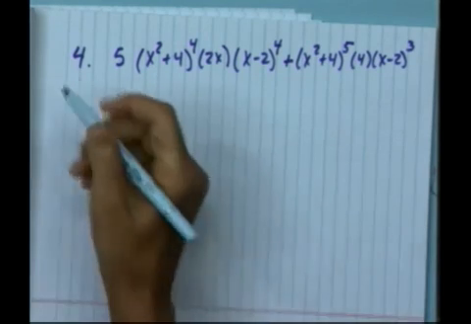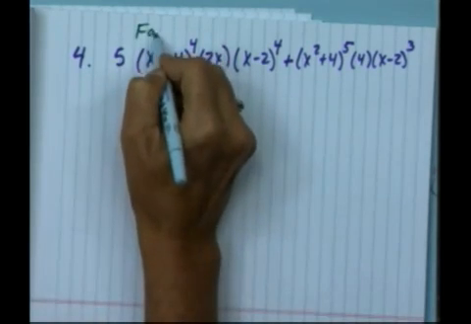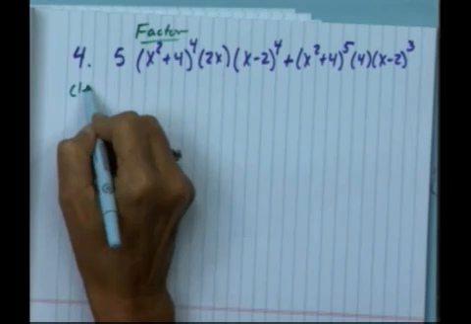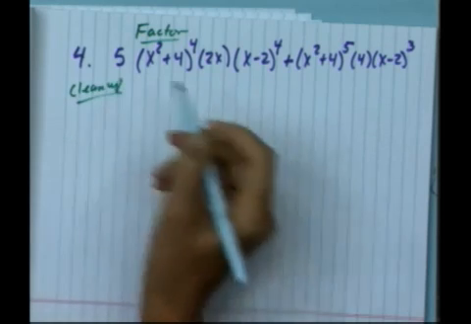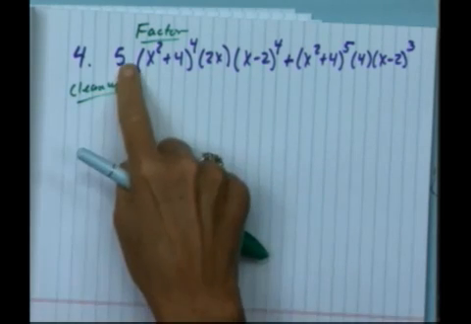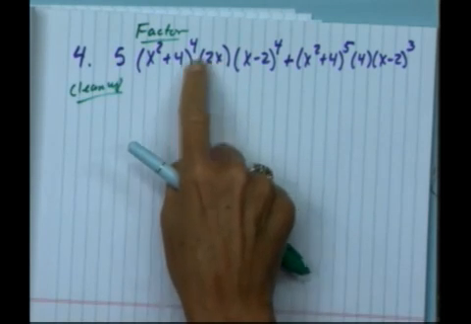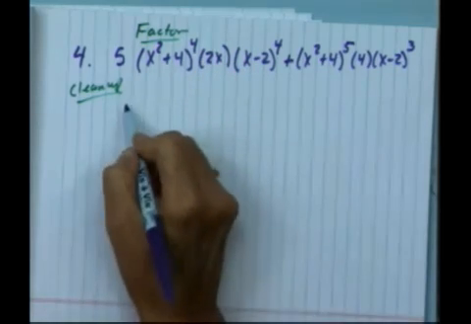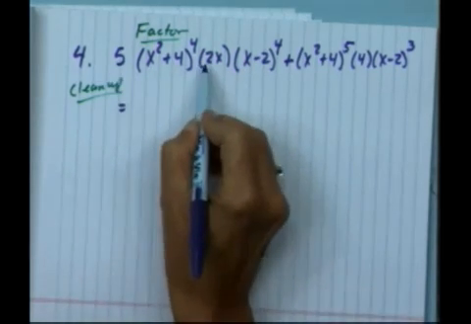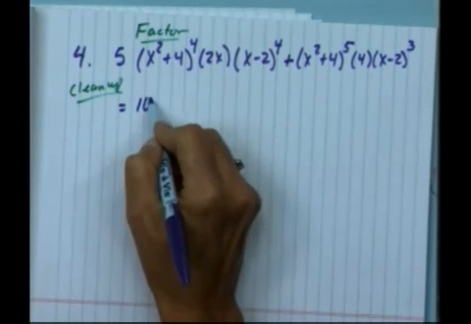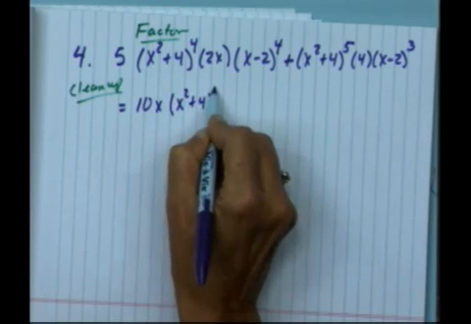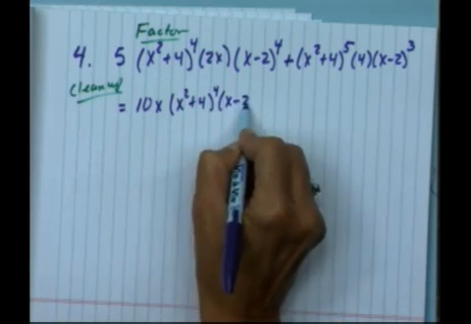So my little hint, the instructions are to factor completely. My hint is clean it up. Because it looks like a huge mess with a 5, and then you got a 2x over here, and then you got the x squared plus 4 to the 4th. So I would say clean up by saying 5 times 2x to get 10x, and then we have x squared plus 4 raised to the 4th, and x minus 2 raised to the 4th.